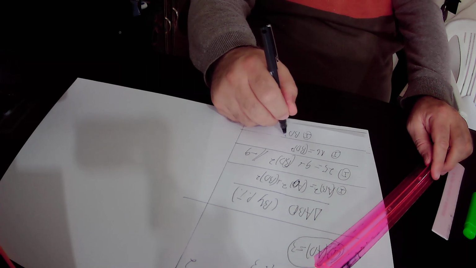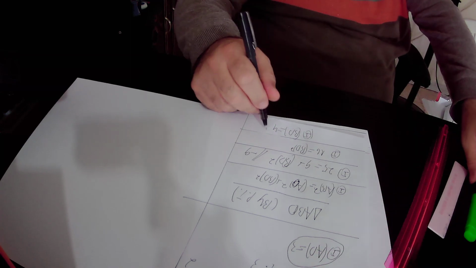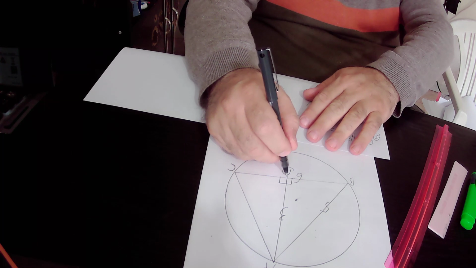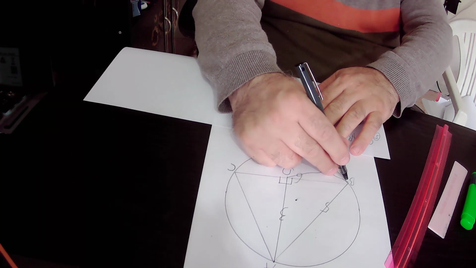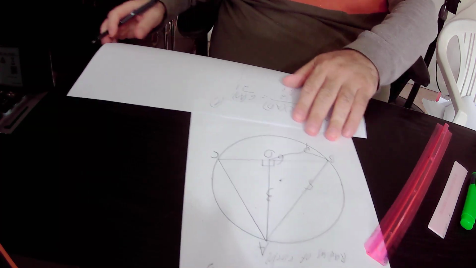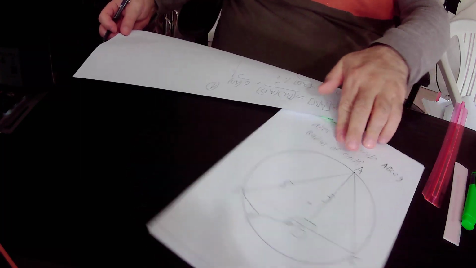BD equals the square root of 16, that is 4. So BD equals 4 units. You can write down here that BD equals 4 units. Okay? So what is the length of line segment DC?